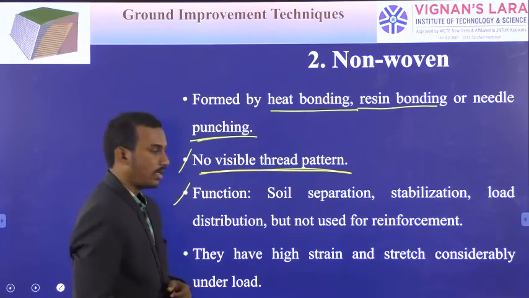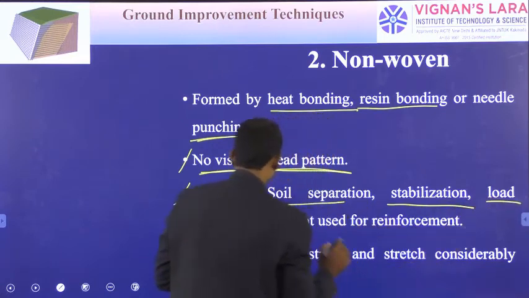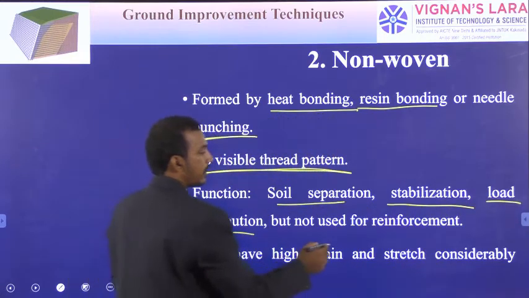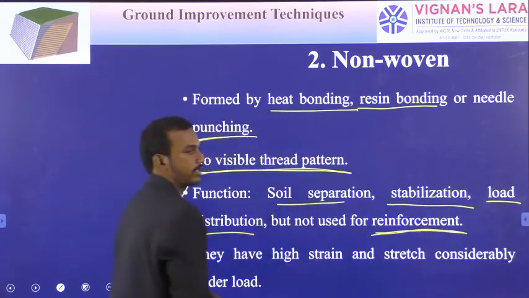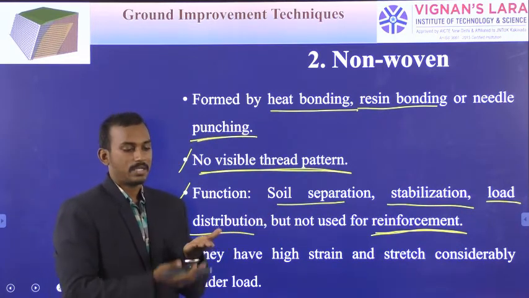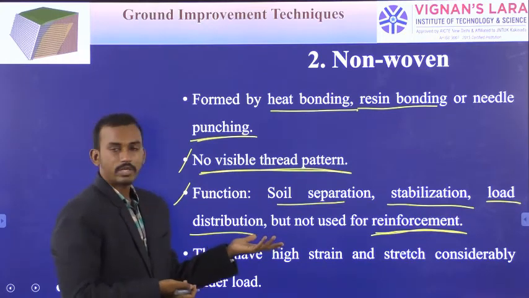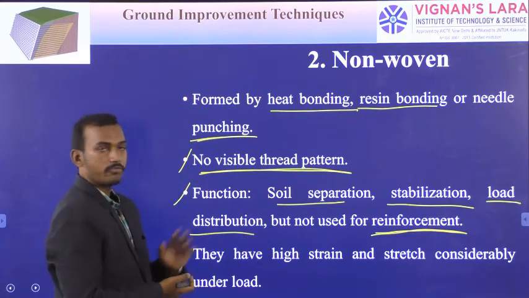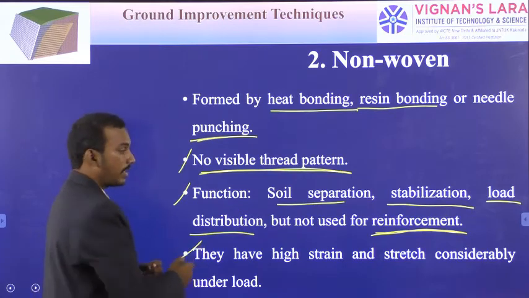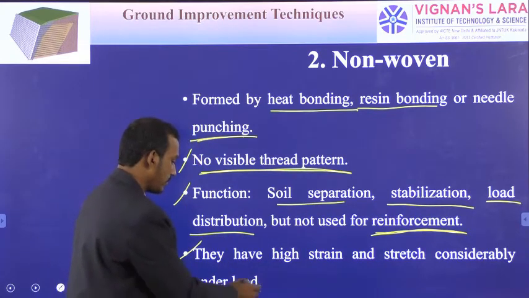And their functions are soil separation, stabilization of soil, and load distribution, but not reinforcement. Why? Any material that is used as reinforcement must develop some friction, and it must be stiff. But here we cannot use non-woven as reinforcement. They have high strain and stretch considerably under load.